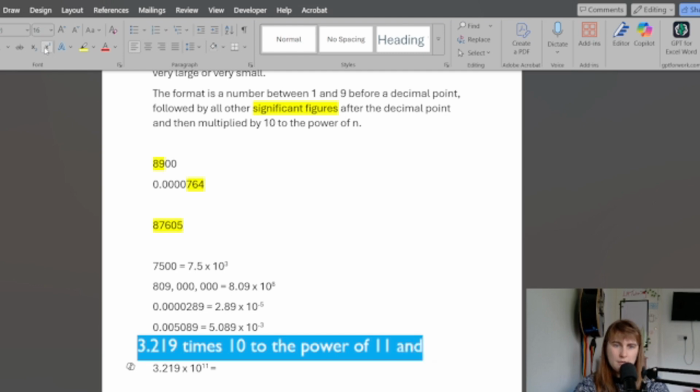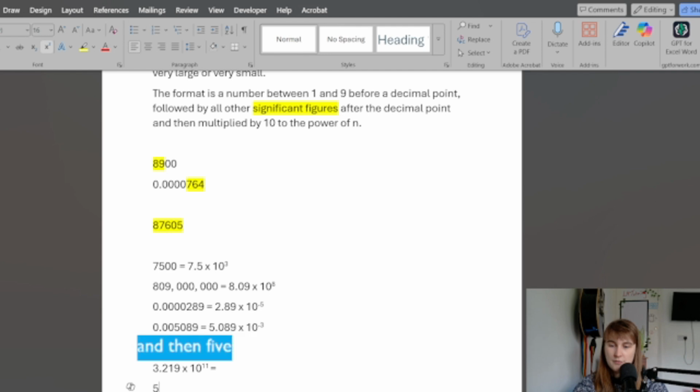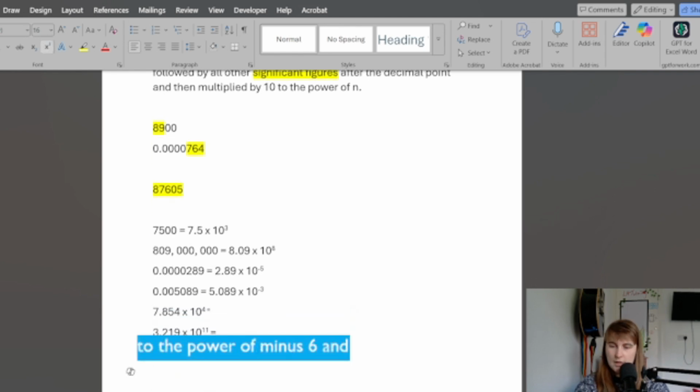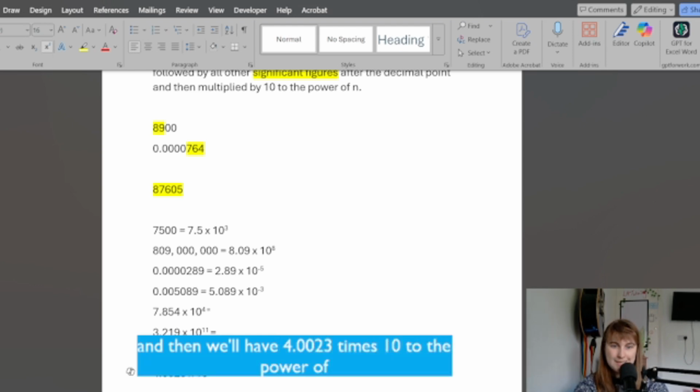And then 5.21 times 10 to the power of minus 6. And then we'll have 4.0023 times 10 to the power of minus 10.